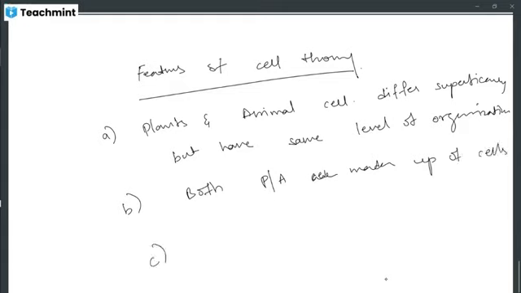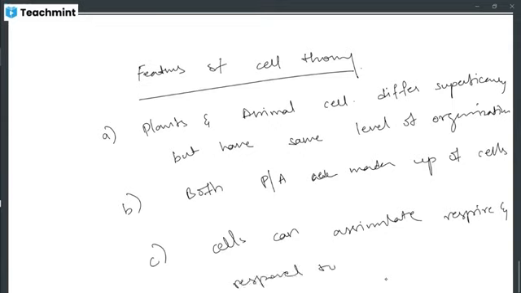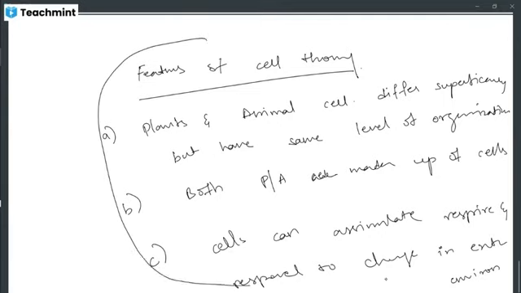And point number 3, the cells can assimilate, they can respire and respond to change in the external environment. So the question is this: among these, how many statements are true and how many are false?